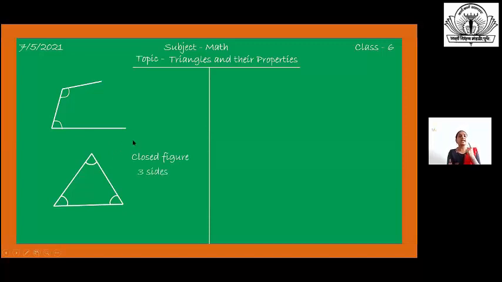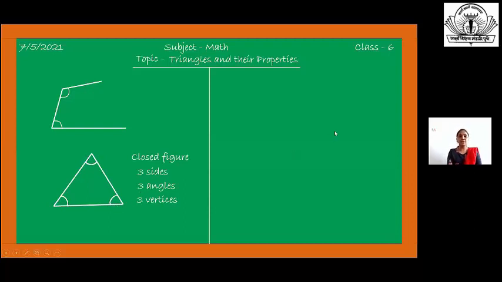The second is that it has 3 sides. The third is that it has 3 angles. And one more thing is that it has 3 vertices. What is a vertex? A vertex is a point at which 2 sides join. Here this is a point at which these 2 sides are joining. So this is the first vertex, the second one, and the third one.